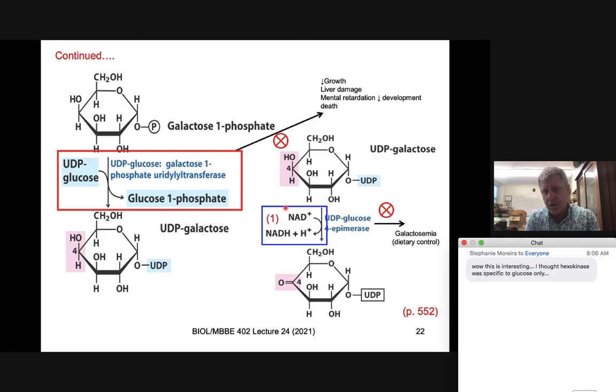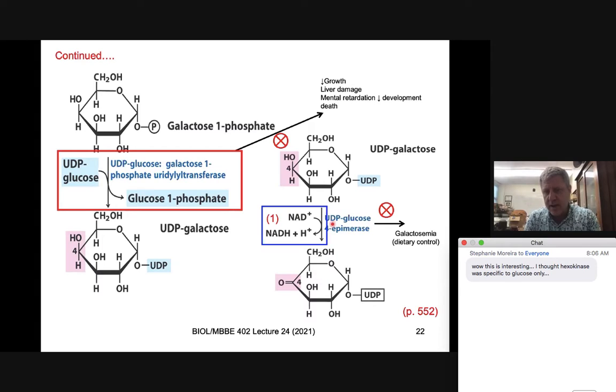But this takes a cost in taking NAD and making NADH and a proton by rearranging this number 4 position from the hydroxyl hydrogen to a double bonded oxygen in that number 4 position. We can then take this and metabolize this and do things with it.